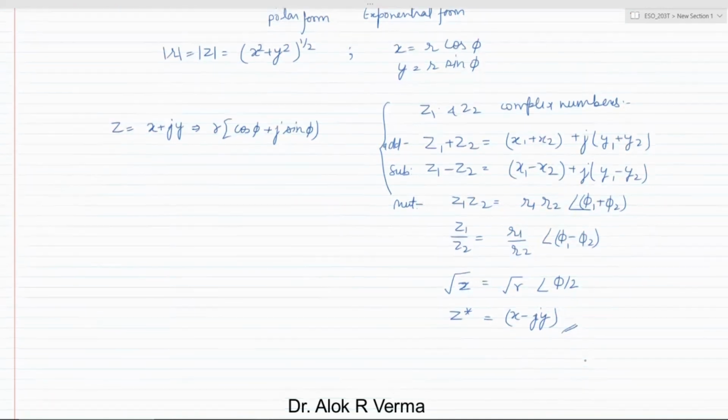Now let us relate the sinusoids and phasors. Let us make it close to the center part. So we have some rotating vector whose magnitude is Vm and the angle is phi.